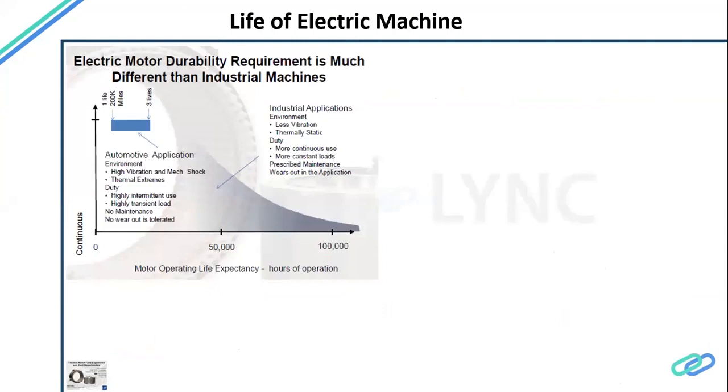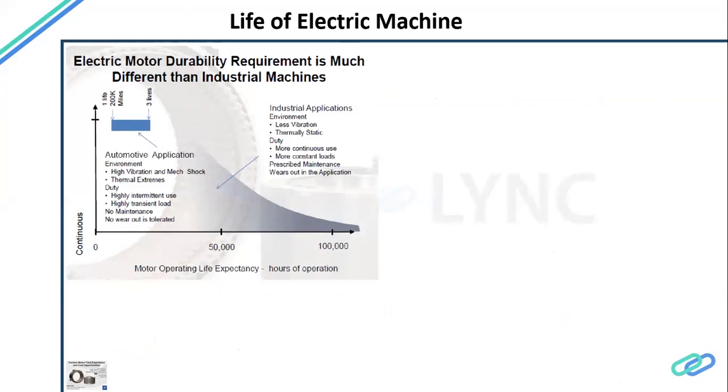So the life is very important here, because the definition of life is how many miles I can run. What is a life? This is a very different environment from an industrial application, where we have more vibration, shocks, thermal extremities, because we will do some hill start, very high gradient start.